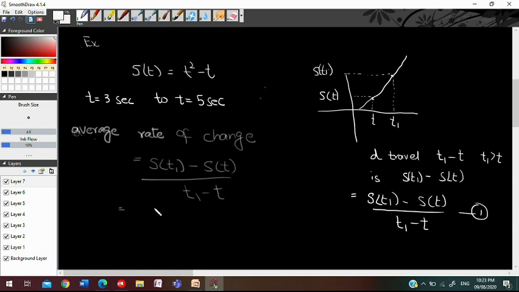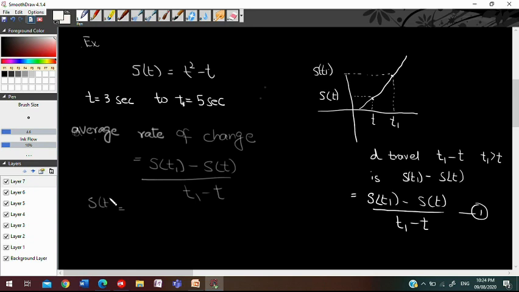How do we calculate this s of t1? t1 means this first time. This is your t and this is your t1. Now we have to calculate this. This is our function. So first we will calculate s of t1, then s of t.